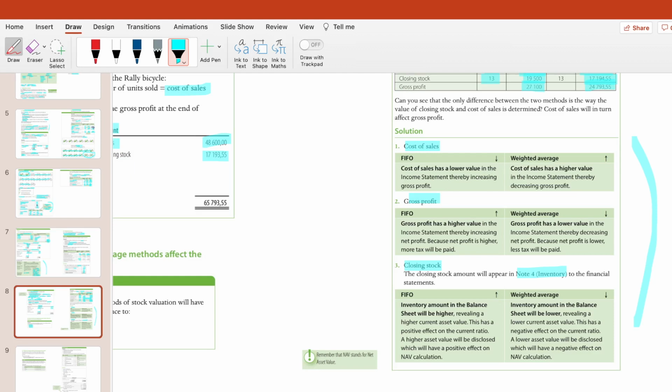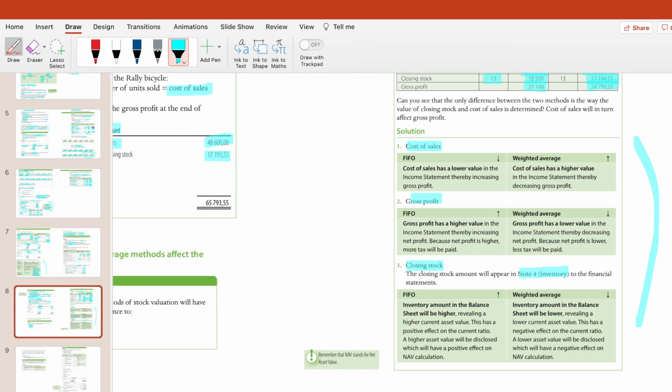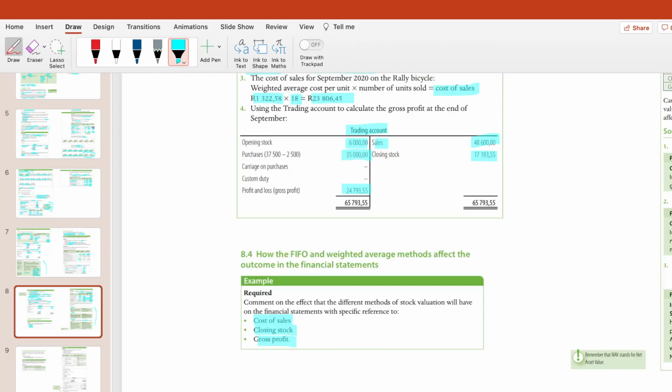In the weighted average, the inventory amount in the balance sheet will be lower. That will reveal a lower current asset. This has a negative effect on our current ratio, and a lower asset value will be disclosed, which will have a negative effect on our NAV calculation. So you can see there are some consequences in the different methods.